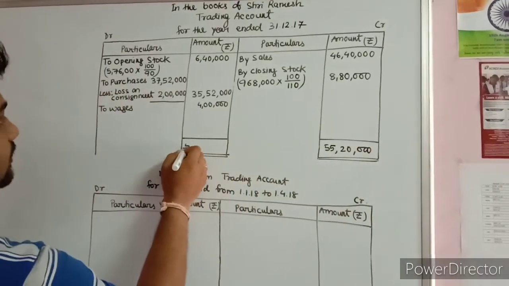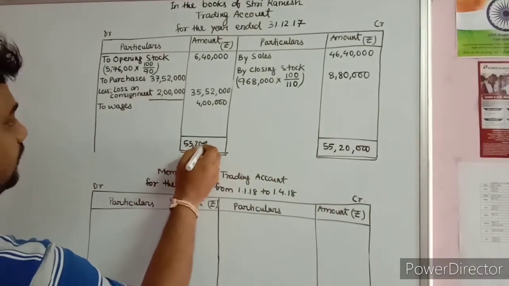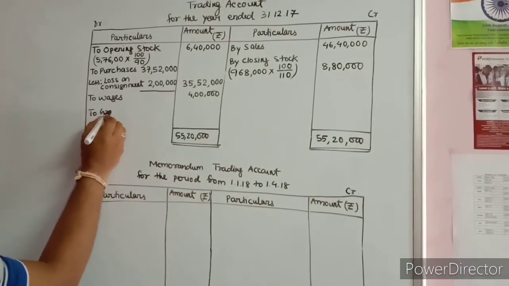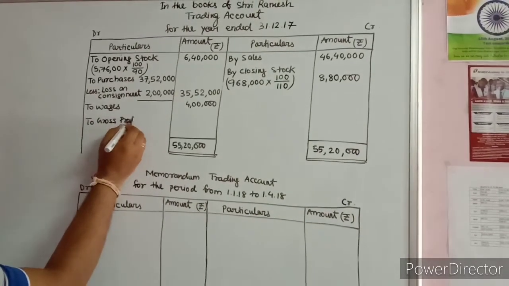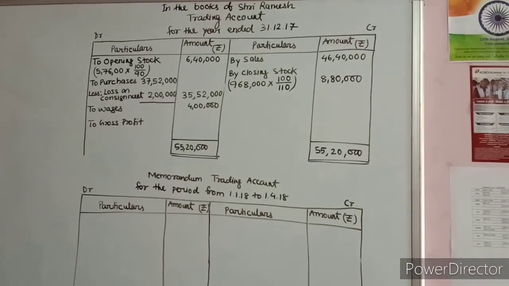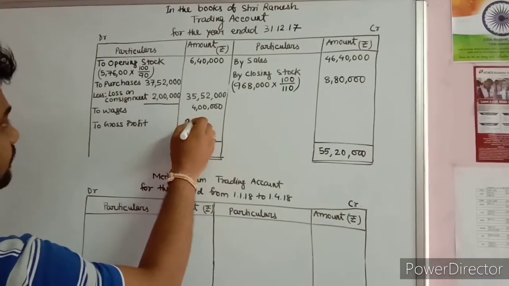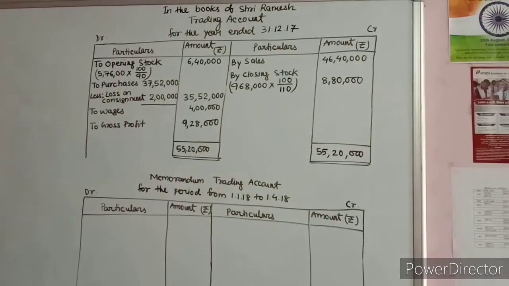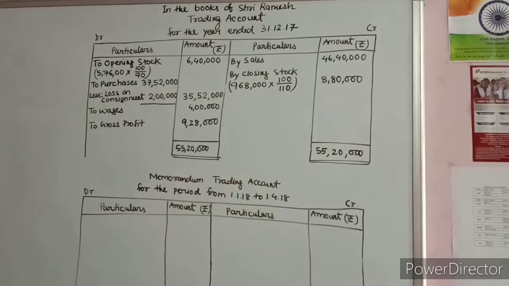On the credit side, which is more, so we arrive at a gross profit. The gross profit amount is 9,28,000. So that is the gross profit.